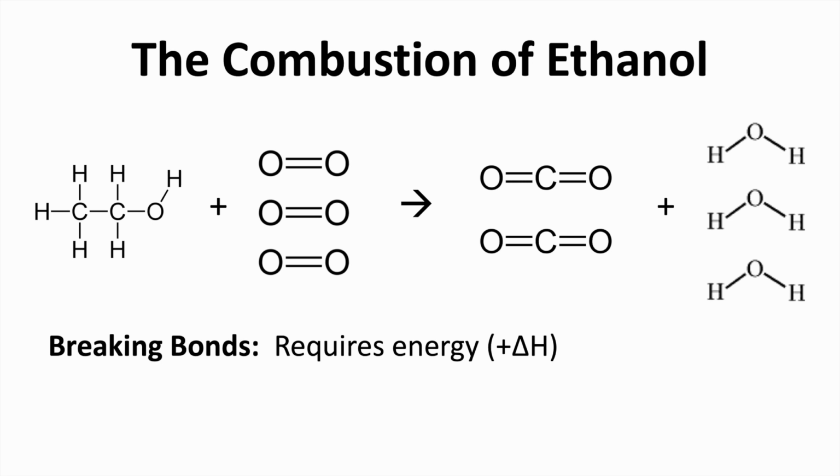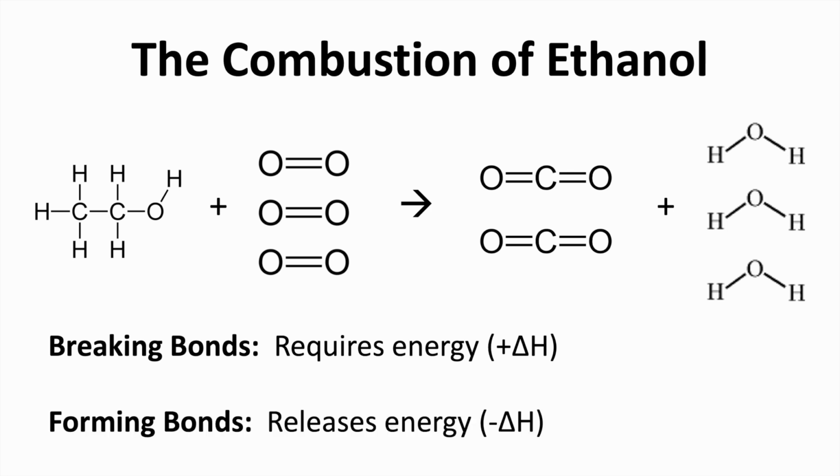So to break bonds requires energy to be absorbed, okay? So the system has to absorb energy in order to break all the bonds in the reactants. Forming bonds, on the other hand, releases energy. So the system needs to release energy every time it forms bonds in the products.